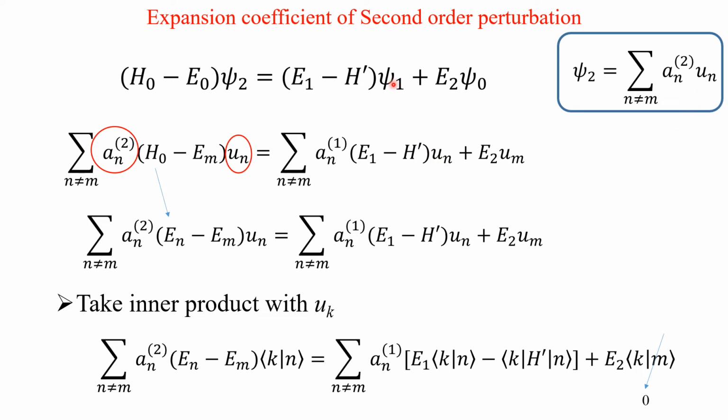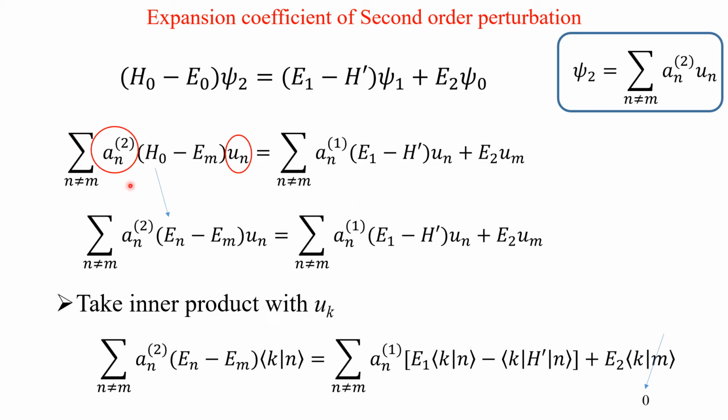Similarly, using the same procedure that we followed in first order perturbation theory, psi 1 can be written as the summation over an of 1 un. So we have expanded psi 1 and psi 2. Of course, the unperturbed wave function is the initial wave function which we have taken as um.